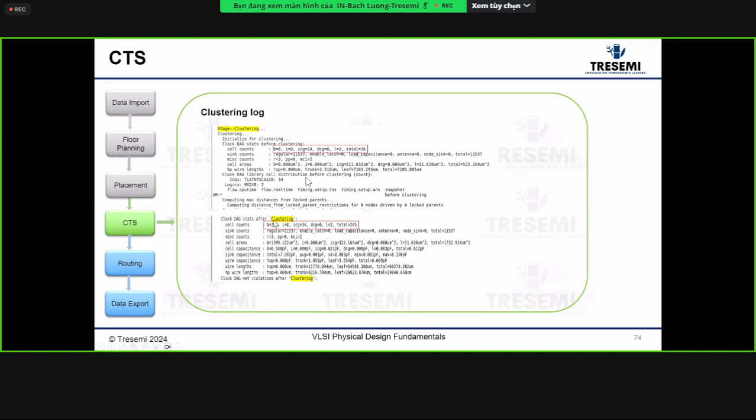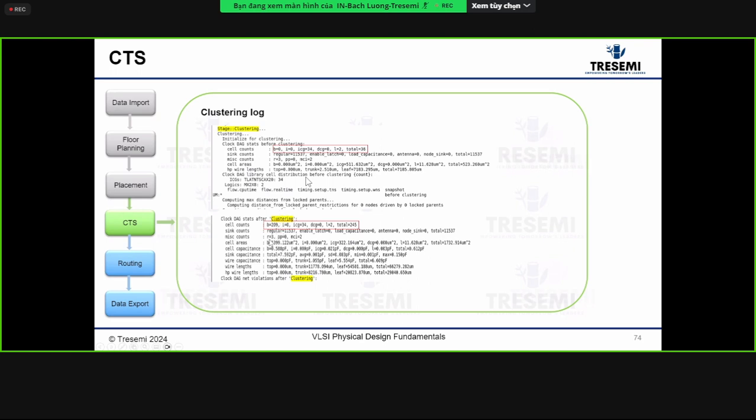After it's done clustering, you can see here the cell count buffer, it added 209. And of course the ICG cell count should be the same, the mux is the same. It doesn't do additional unless you force it to. So after clustering, it added 209 buffers.